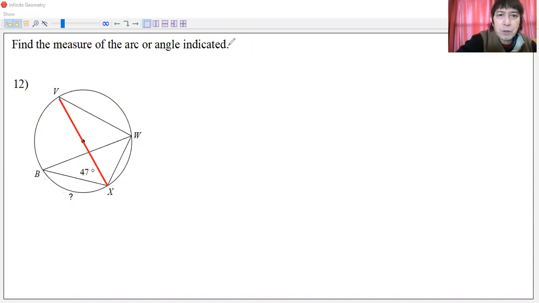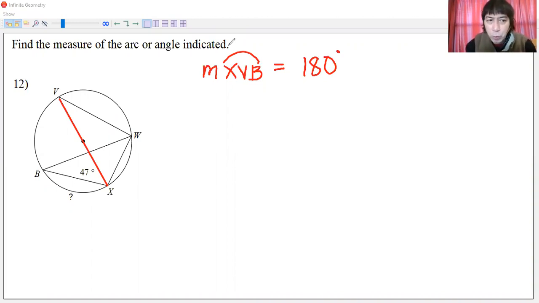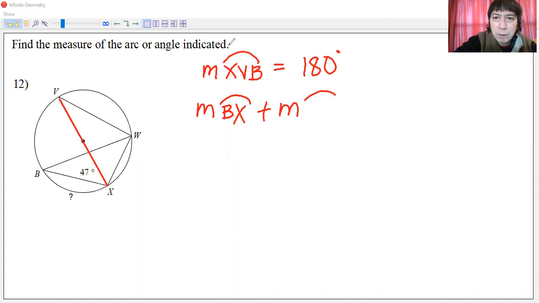We have the measure of arc XBV. That's a half circle, 180 degrees. And this is equal to 2 arcs: the measure of the unknown arc BX plus arc BV is equal to 180.